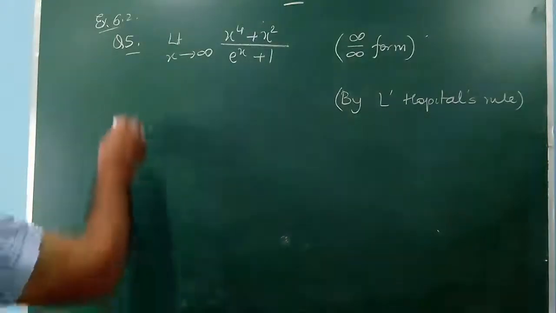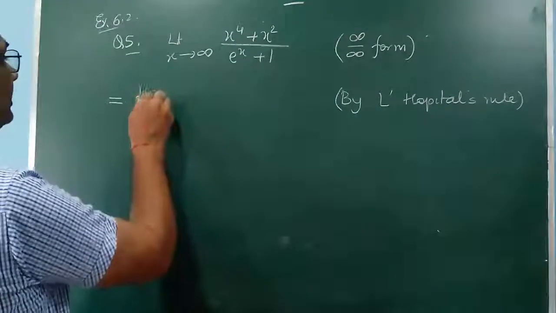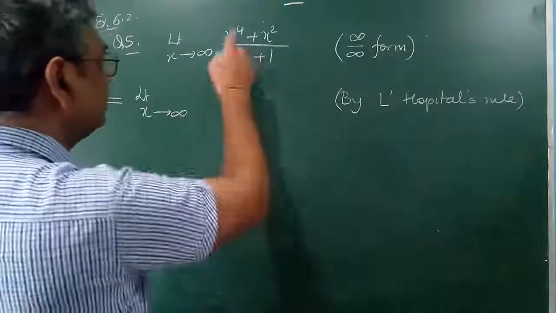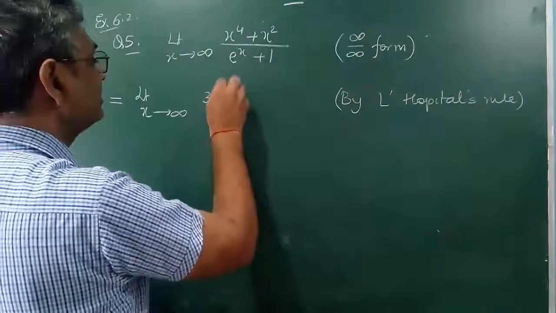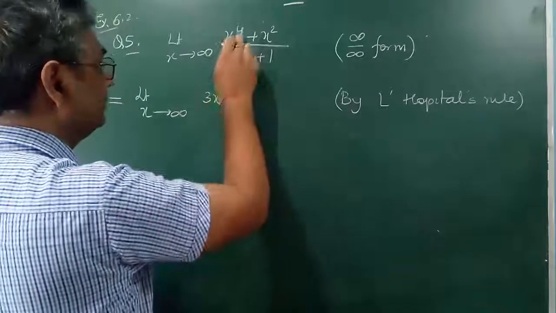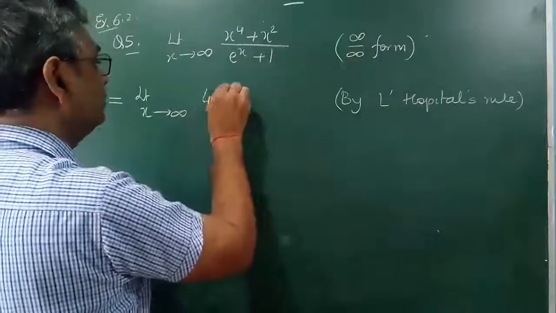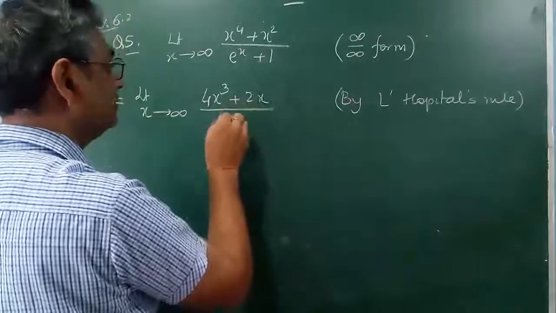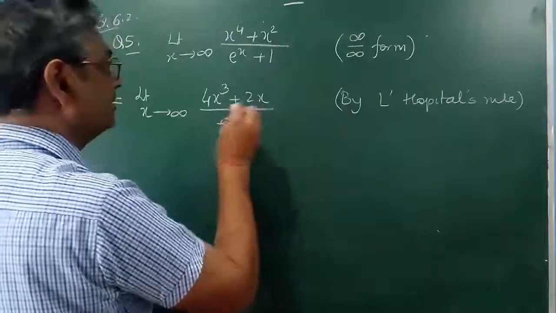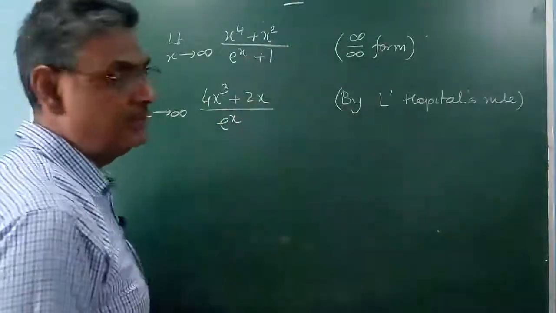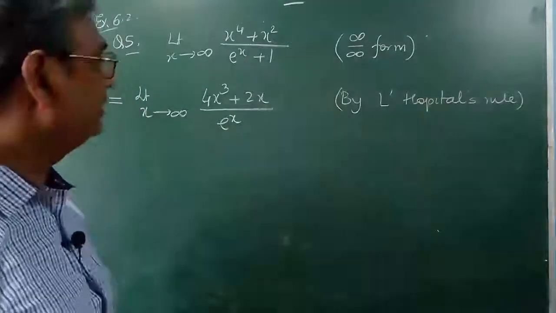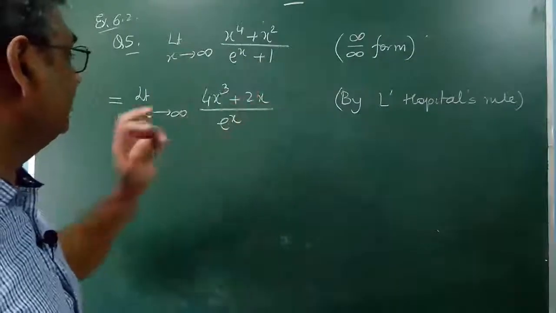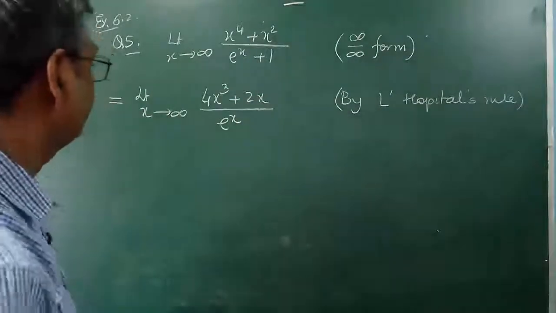Now see, this is limit x tending to infinity. This is how much? 4x cube plus 2x upon differentiation of e to power x is e to power x. This is infinity by infinity form. Infinity plus something is infinity, that we know. 4x cube plus 2x upon e to power x.